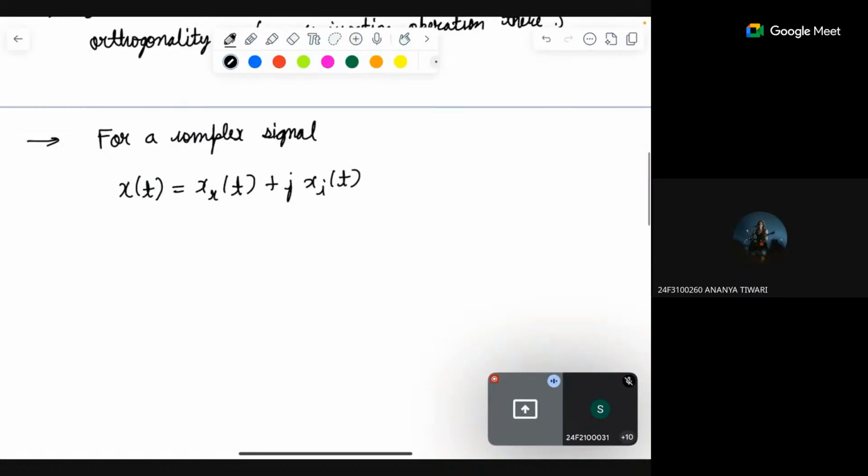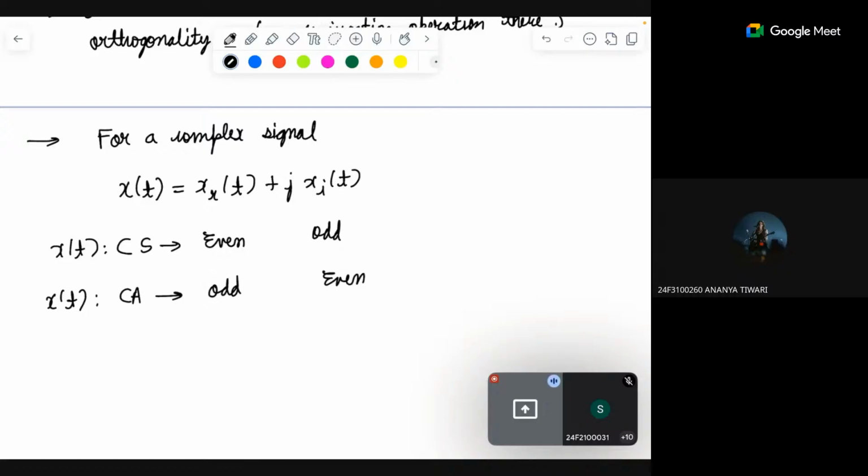If x of t is conjugate symmetric, then its real part will be even and imaginary part will be odd. If x of t is conjugate asymmetric, real part will be odd and imaginary part will be even. Is that fine? Yes, ma'am.